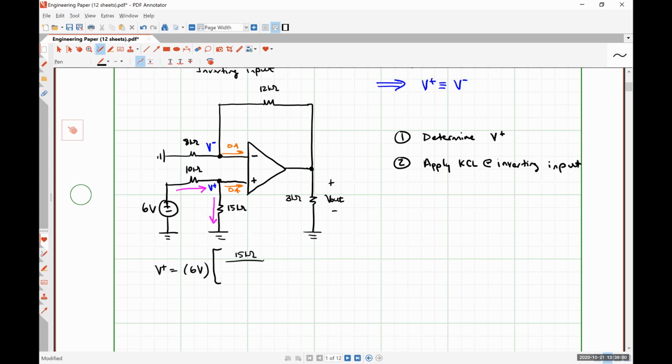So we're finding the voltage drop over the resistor placed between ground and our node of interest, over our total series resistance seen by our source, which is a 10 kilo ohm resistor plus a 15 kilo ohm resistor. So 15 over 25 is 3 over 5, multiplied by 6 is, I think, 18 over 5 volts, which is 3.4. My math is right. 3.6, thank you.